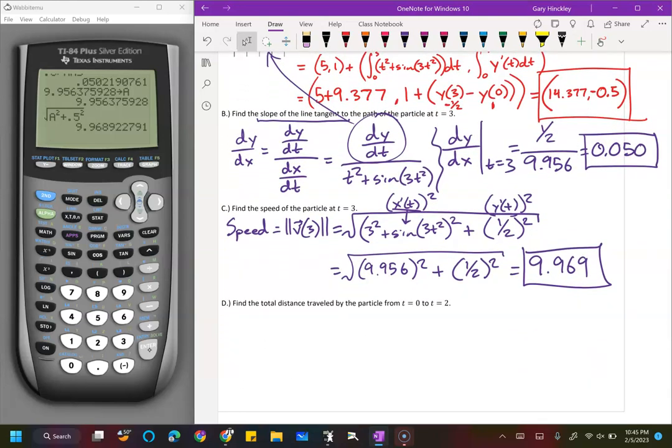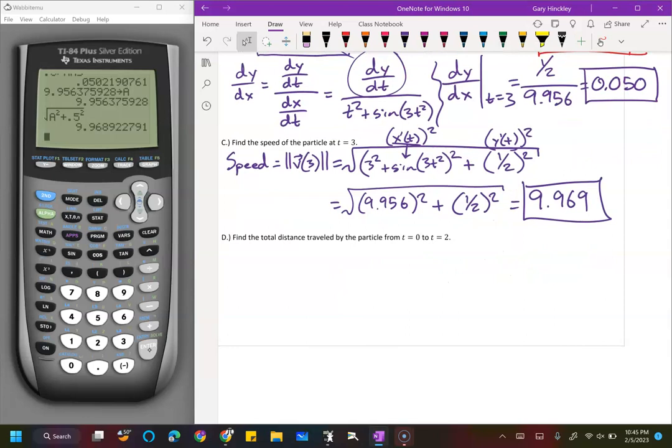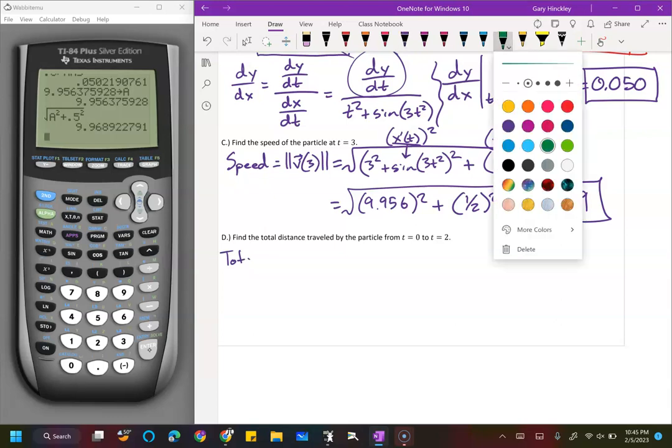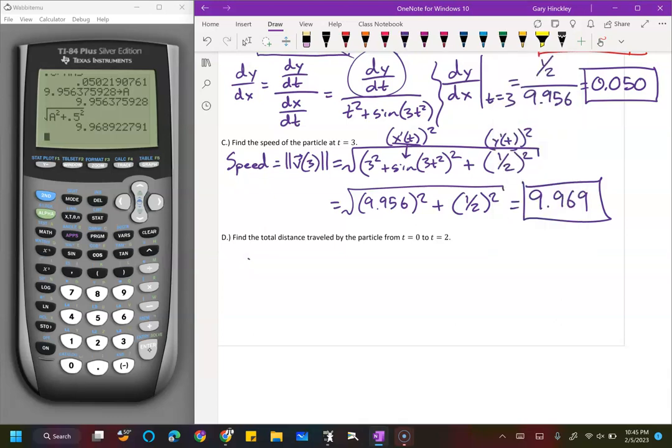All right, one more. Find the total distance. Okay, so this is what I was about to do on the other one. So total distance is the integral from 0 to 2 of our magnitude dt.